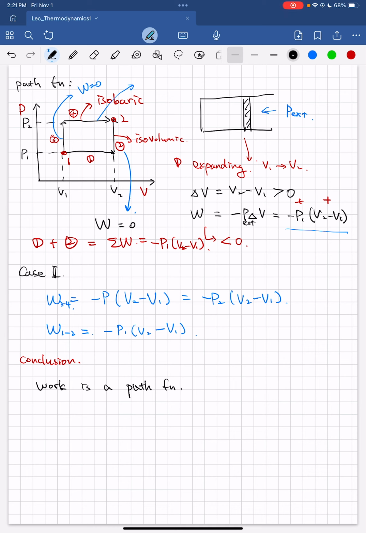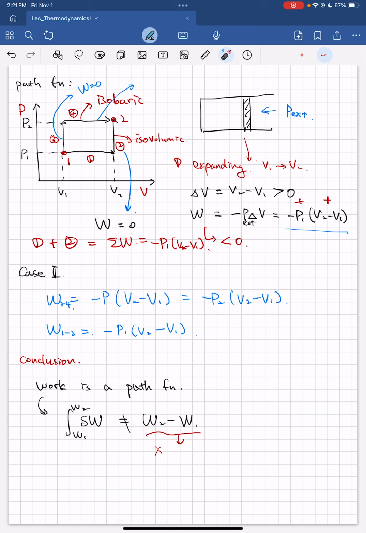So if you express this in an equation, it's like this. Even this is a very weird expression because you can't really define the work of a particular system.